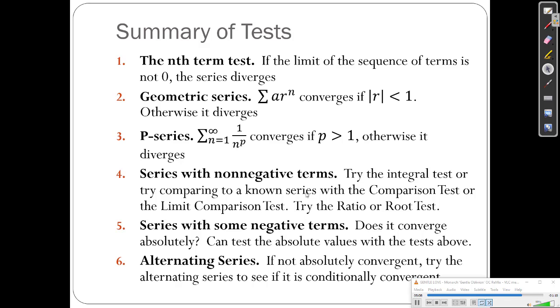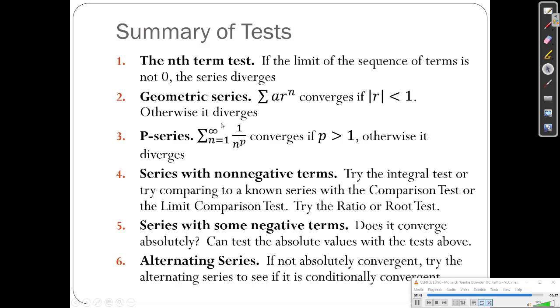Just for review, here's everything we've used to determine the convergence or divergence of a series. By far the easiest test is the nth term test. If you look at the limit of the sequence of terms and it's not 0, anything but 0, a finite limit, infinity, or just no limit, the series diverges, full stop.